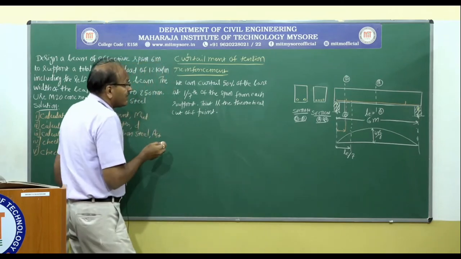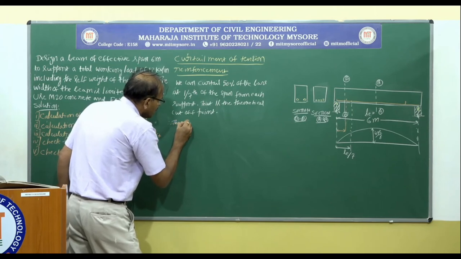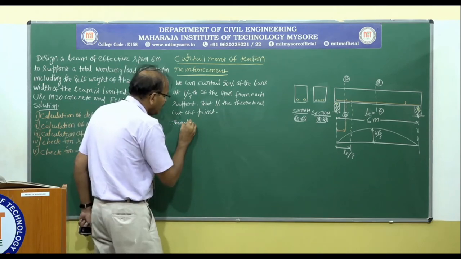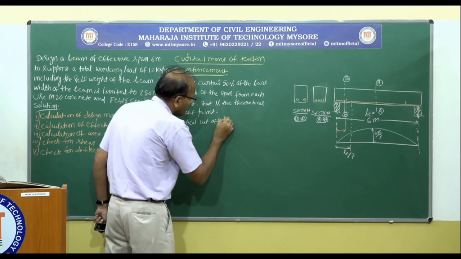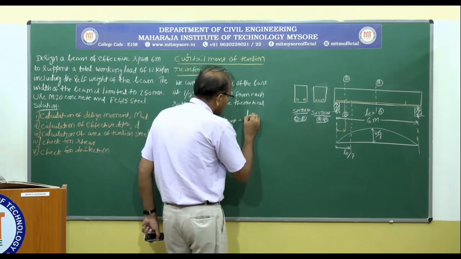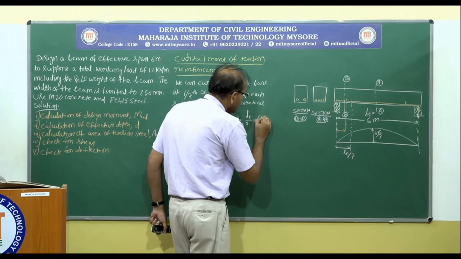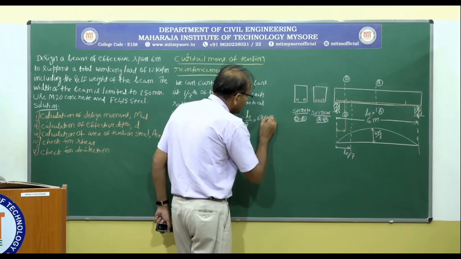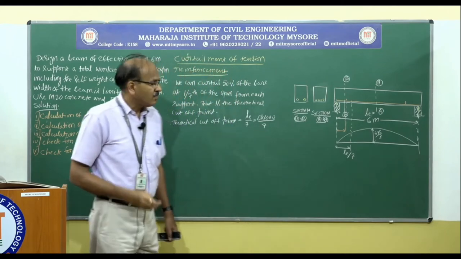So what is the theoretical cutoff point? Therefore, theoretical cutoff point equal to LE by 7, that is equal to, what is LE? 6 meter, that is 6000 millimeter by 7. Okay.